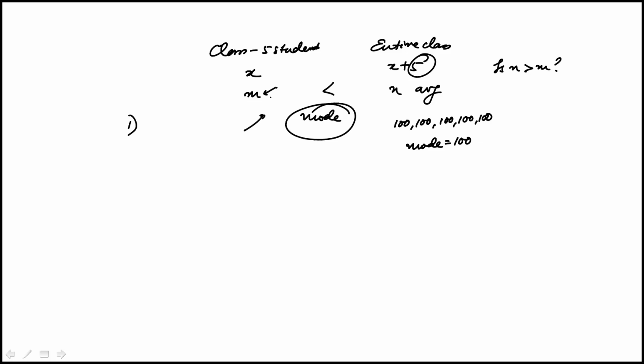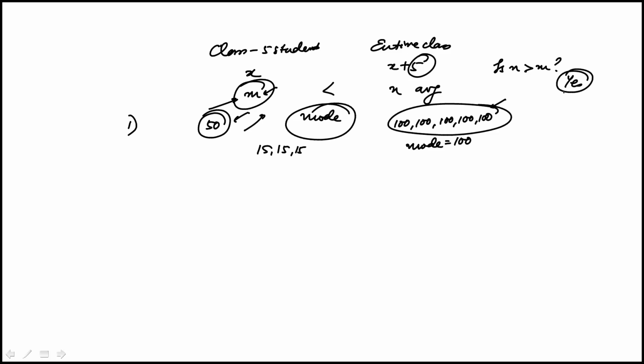I just have to find the most frequently occurring value, let's say it is 15 here, and there are only 3 of those. So I'll satisfy this condition. Now, if the average of the class without those 5 students was 50, once I add these 5 students with the average of 100, the average of the entire class will go up, and will indeed be more than 50. So this would be an example of a yes.